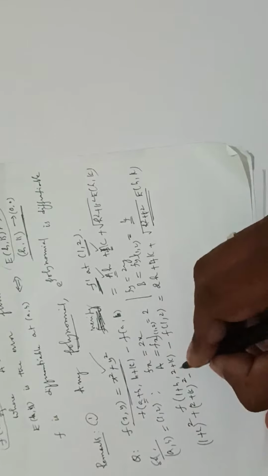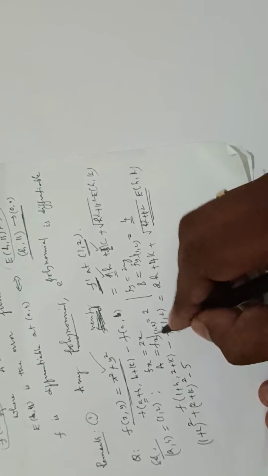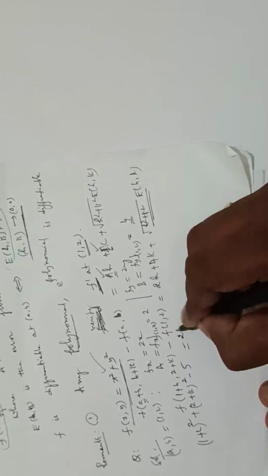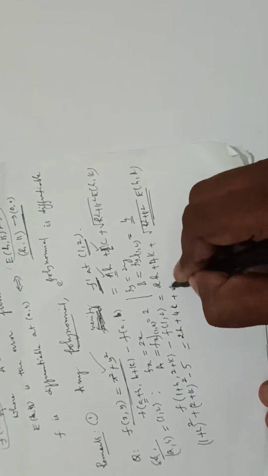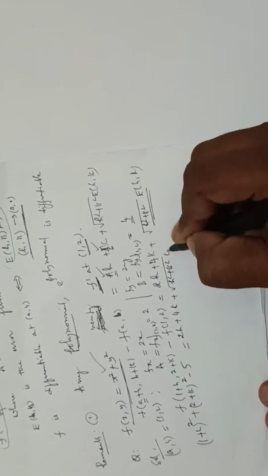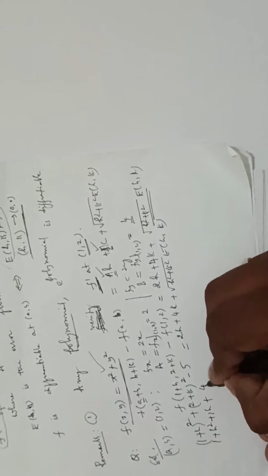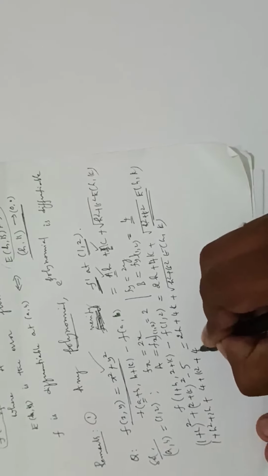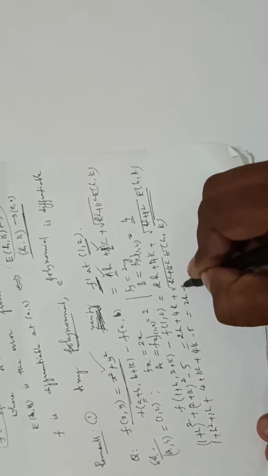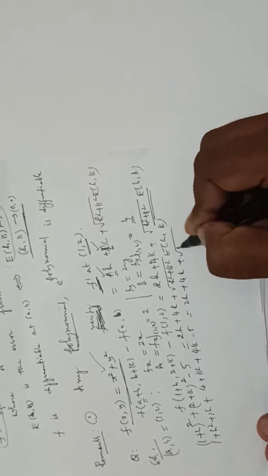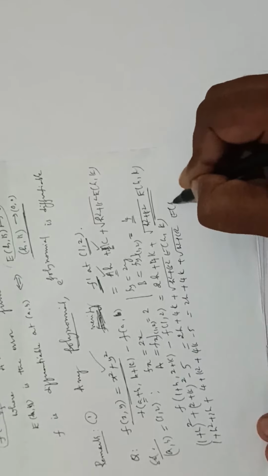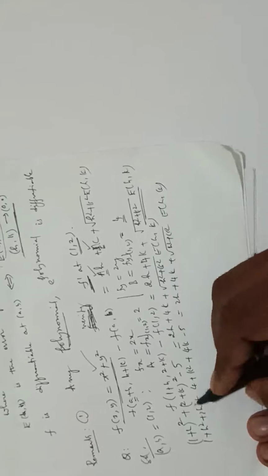So 1 plus 4, it is minus 5, which equals 2h plus 4k plus square root of h square plus k square, error function e of h comma k. This is 1 plus h square plus 2h plus 4 plus k square plus 4k minus 5 equals 2h plus 4k plus square root of h square plus k square e of h comma k.